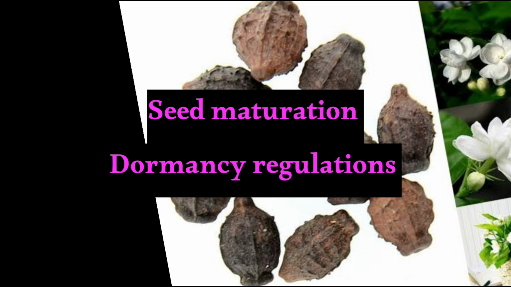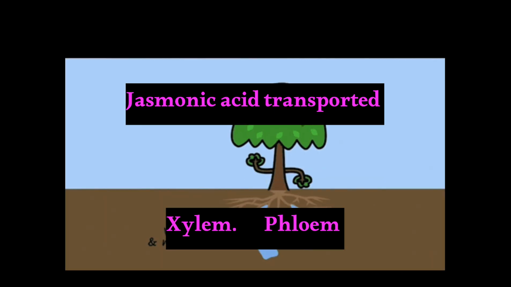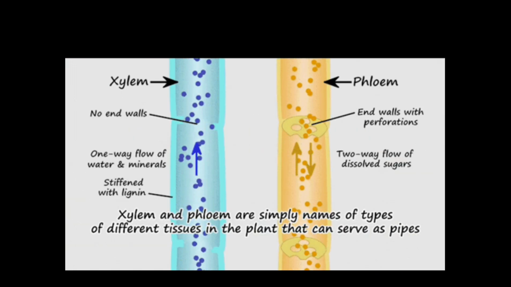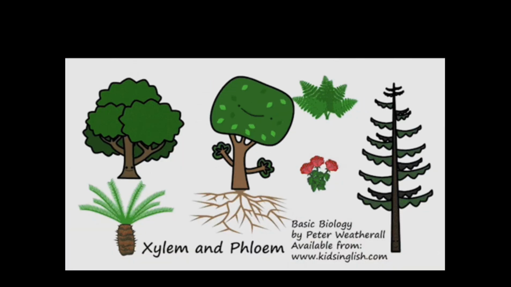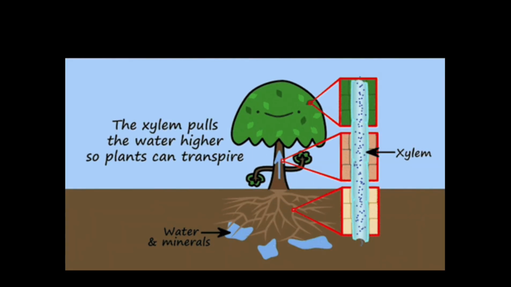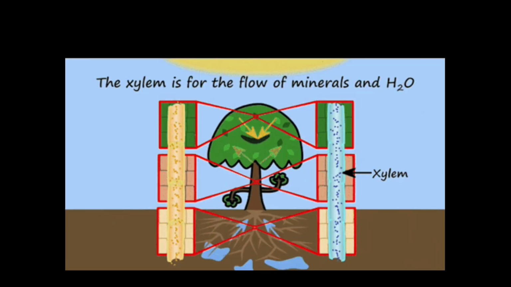In vascular tissue also, jasmonic acid can be transported through the xylem and phloem to all the other parts of the plant, and this systemic movement allows the coordination of defense response in undamaged tissue as well. In specialized structures, it is found in higher concentration in damaged tissue or the region attacked by herbivores or pathogens.